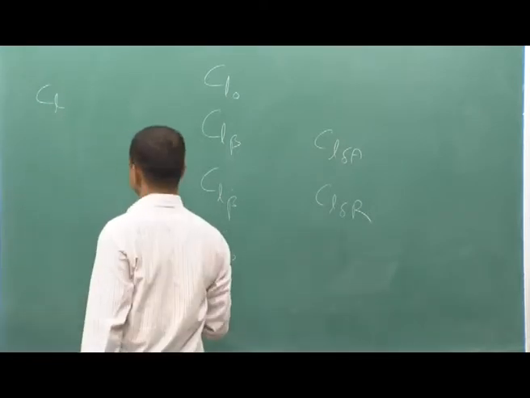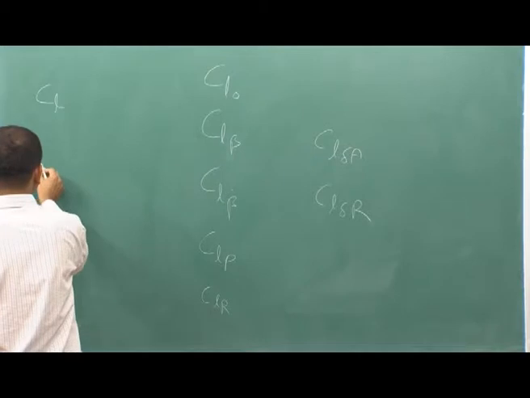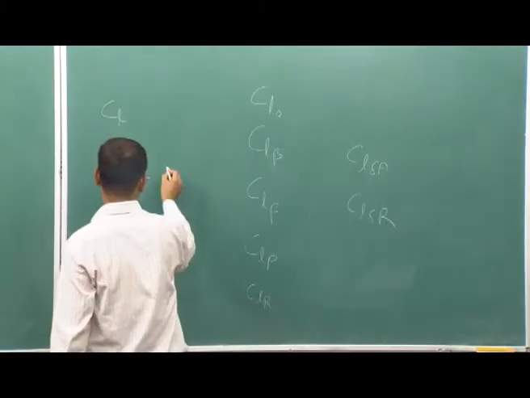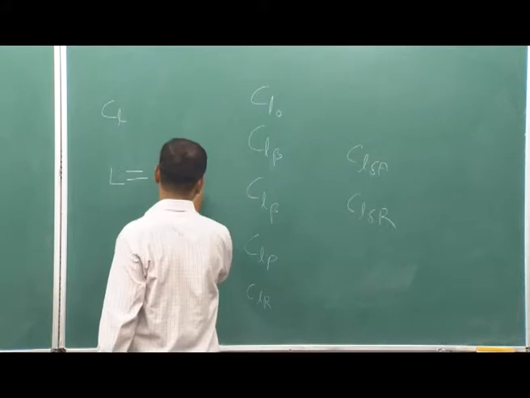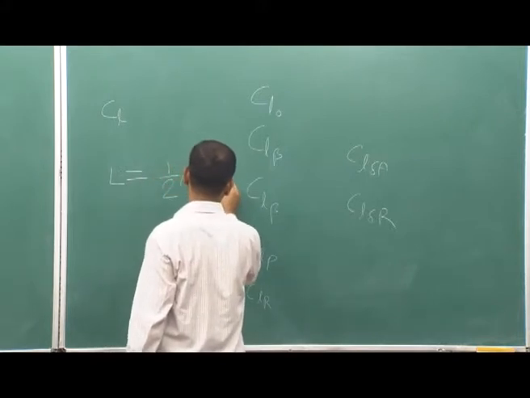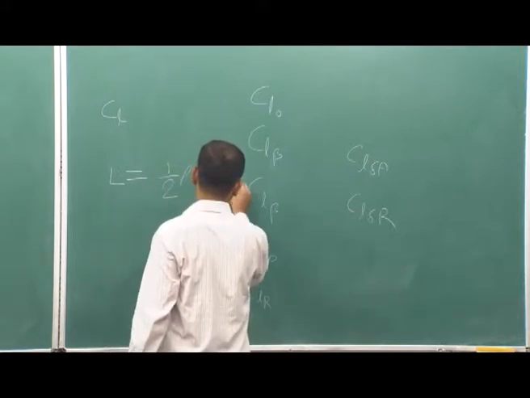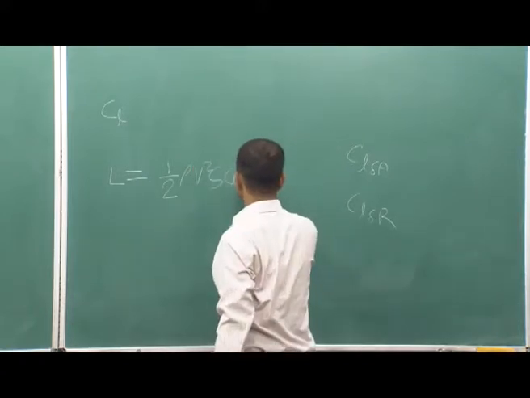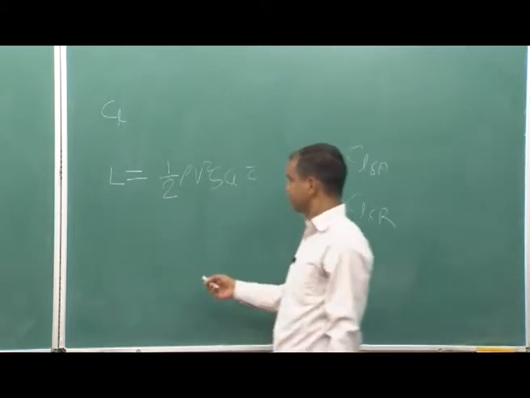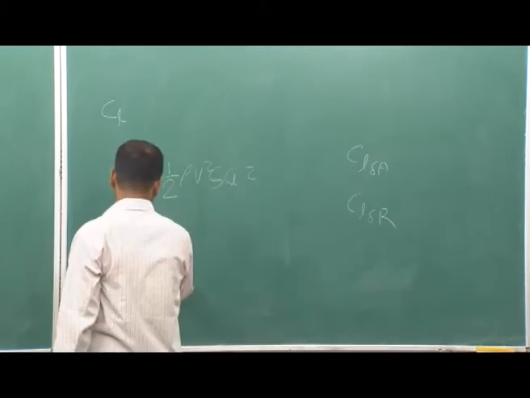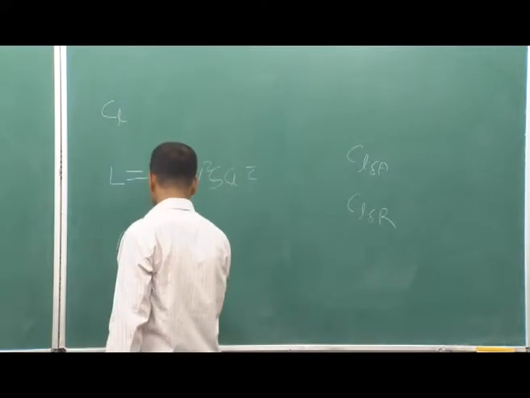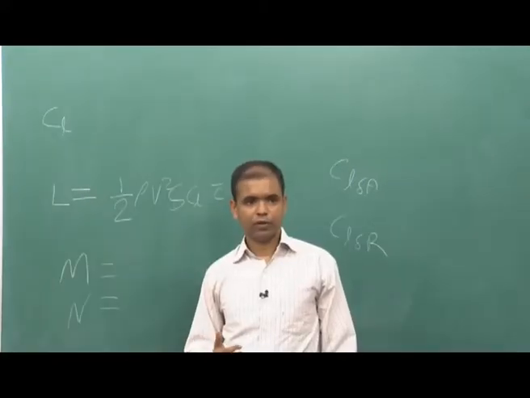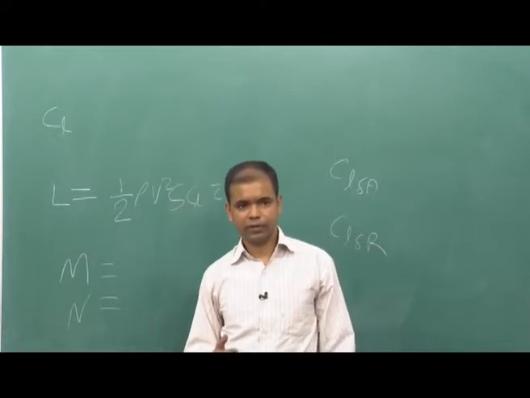And once you have the CL, you can find the rolling moment L, which is given by half rho V square S CL into C bar. Similarly, you can find the pitching moment and yawing moment also. Now, you have all the aerodynamic forces and moments acting on the aircraft.